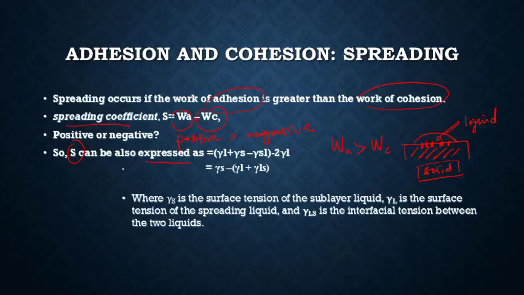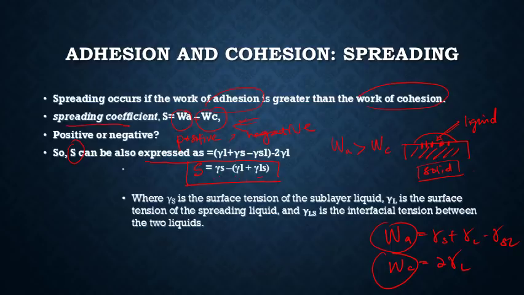If you still remember, we have the work of adhesion and work of cohesion equal to 2 gamma liquid, and equal to gamma solid plus gamma liquid minus gamma solid-liquid. So you just substitute WA and WC into the spreading coefficient equation, then you will get the final formula, which is S equals surface tension of solid minus surface tension of liquid plus surface tension of solid-liquid.